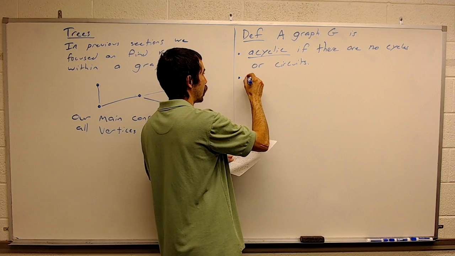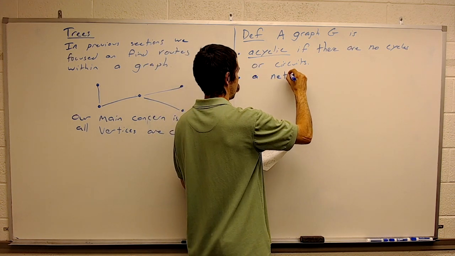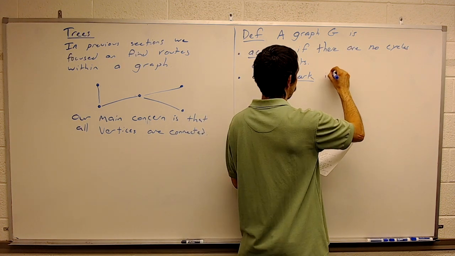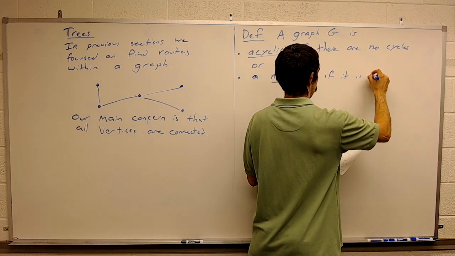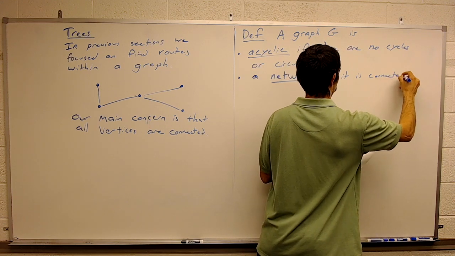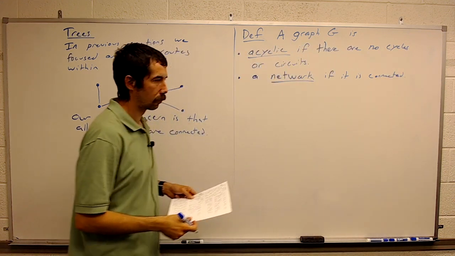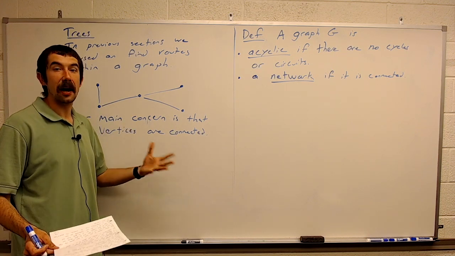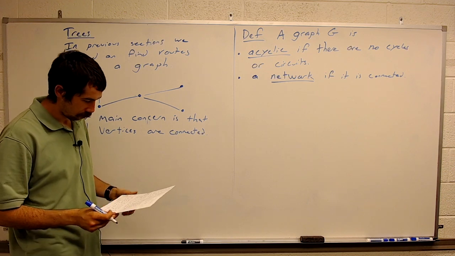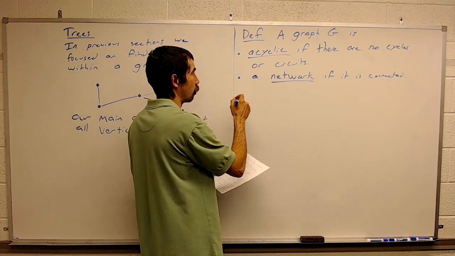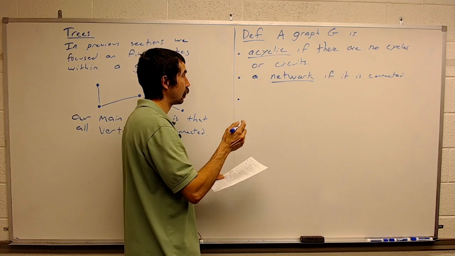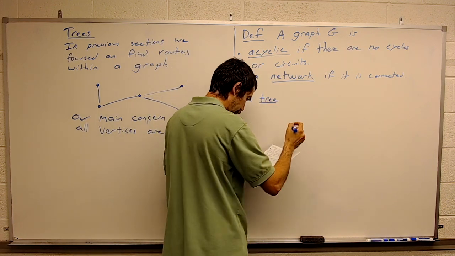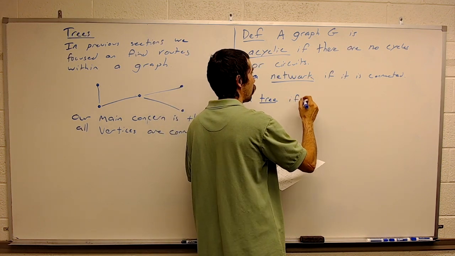A graph G is a network if it is connected. Okay, so a connected graph, another way to say that is it's a network. Okay, and so we're finally ready to define what a tree is. A graph G is a tree if it is an acyclic network.